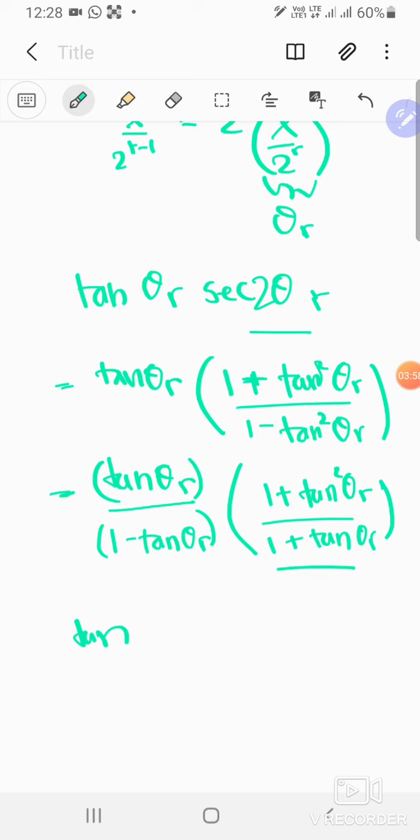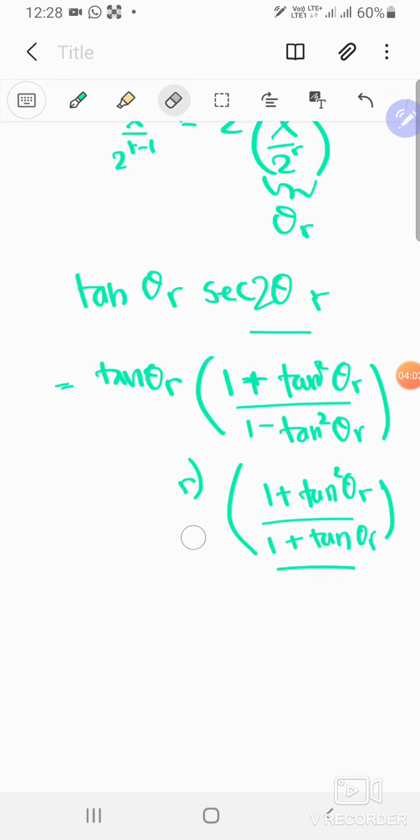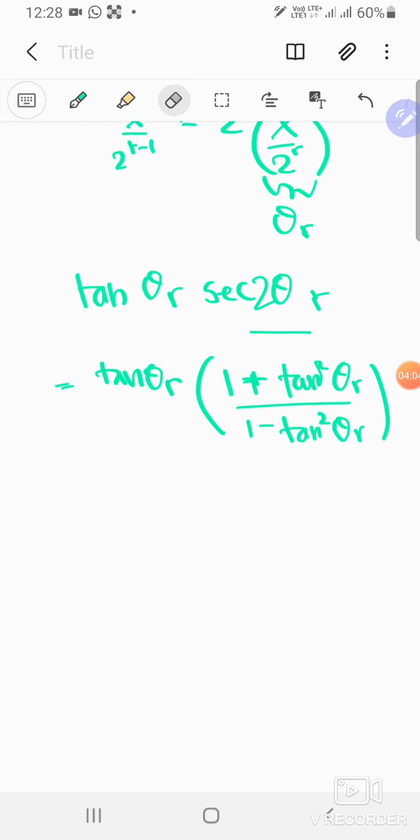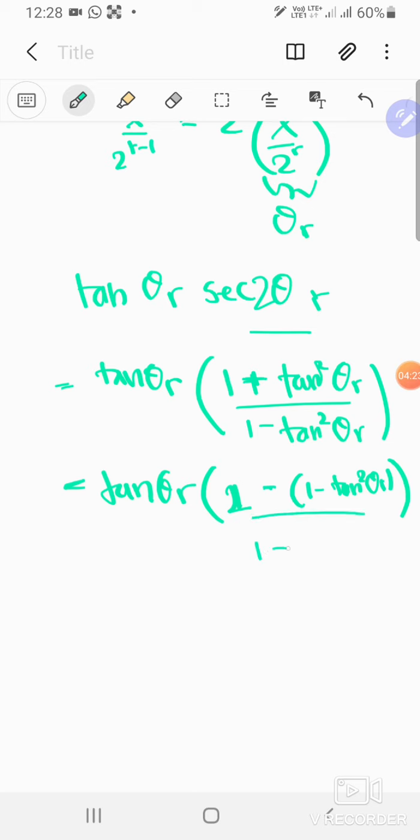But surely 1 plus tan square theta can in fact be written in a different way that is much more usable. That can be written as tan theta r and then 2 minus 1 minus tan squared of theta r, divided by 1 minus tan squared theta r.